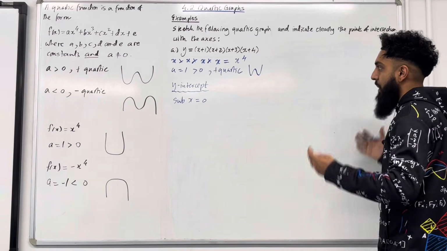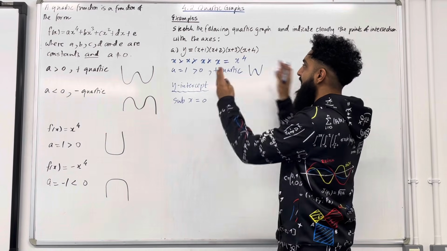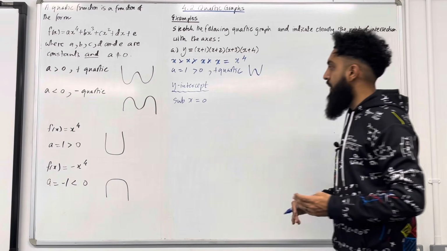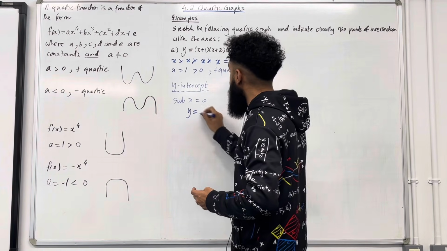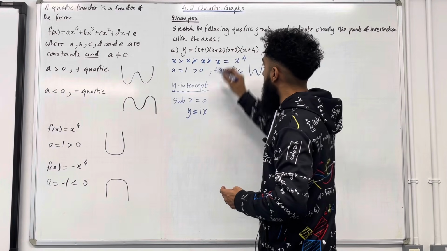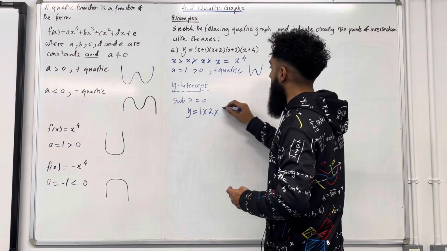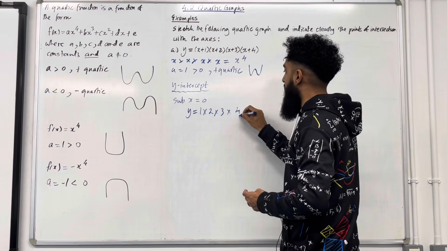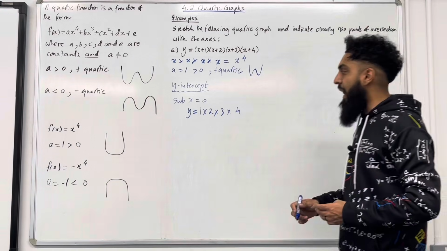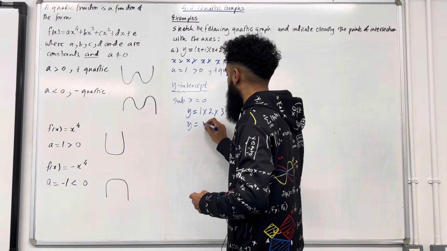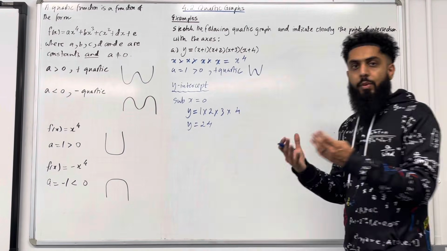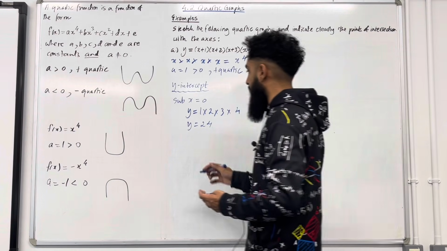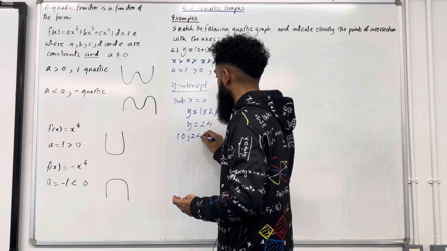So if I go back to my original equation, I'm replacing the x's with 0. This gives me y equal 1 multiplied by 2 multiplied by 3 and multiplied by 4. This reduces to y equal to 24. Hence, the y-intercept is 0, 24.